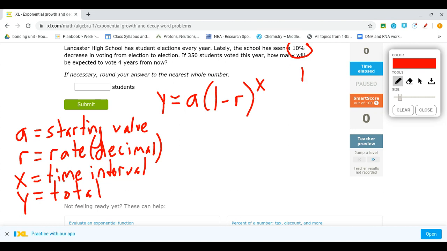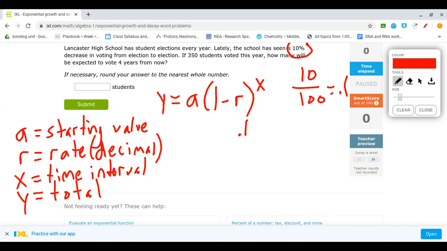So 10 divided by 100 will give me 0.1. 10% as a decimal is just 0.1. So I know that r is going to be 0.1.